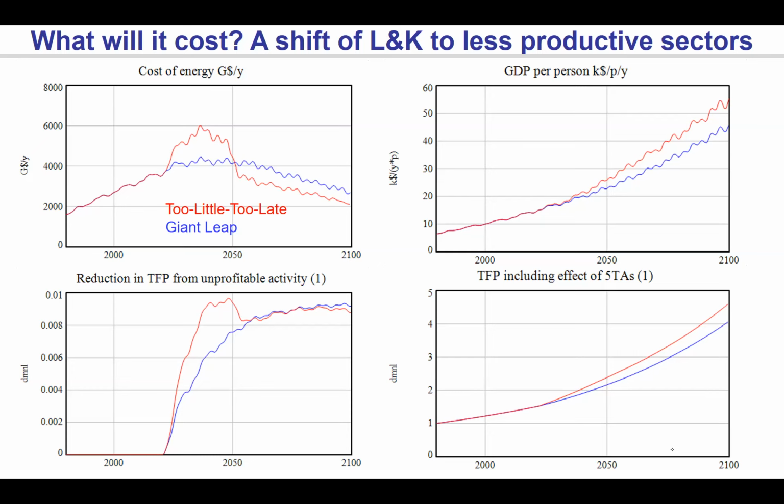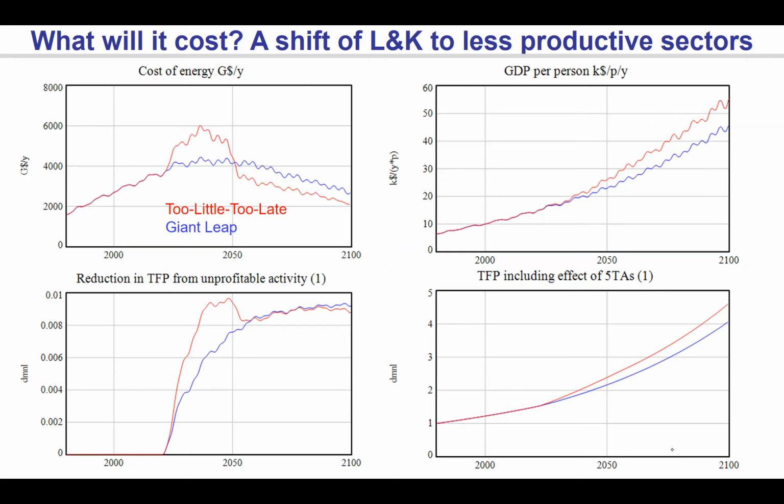And then the lower things basically indicate what economists would be very interested in. So what we're doing when we use labor and capital to solve problems that are not profitable is actually to deliberately lower productivity, lower labor productivity. So moving people from high productivity to lower productivity activity.